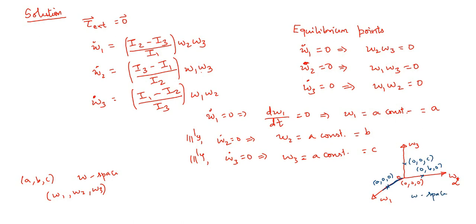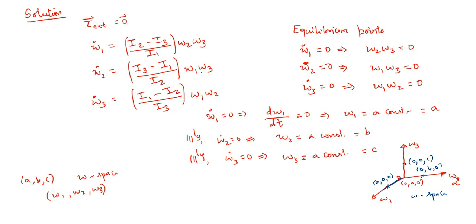Notice that any point on the coordinate axes is an equilibrium point. Because a comma 0 comma 0 has omega 2 into omega 3 product equal to 0, any point on the omega 1 axis, the omega 2 axis or the omega 3 axis is an equilibrium point.